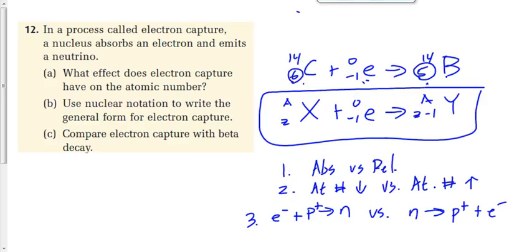They're not going to expect you to know what electron capture is without explaining it. But just like anything else, they could give you something new and explain it. Okay. Bottom line is, if you see something like that, don't panic about it. You know what to do. Treat it like something we know, like balance the equation like we did in beta decay or alpha decay or whatever the case may be.